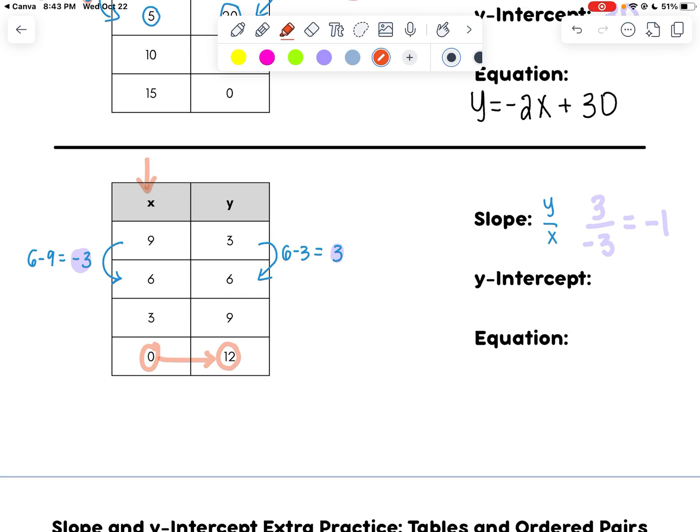So my y-intercept is 12. I'm going to go ahead and put my equation together. I have y equals negative 1x plus 12. And I actually don't even need to put this 1. If I wanted to, I could just write y equals negative x plus 12. Would give us the same answer.